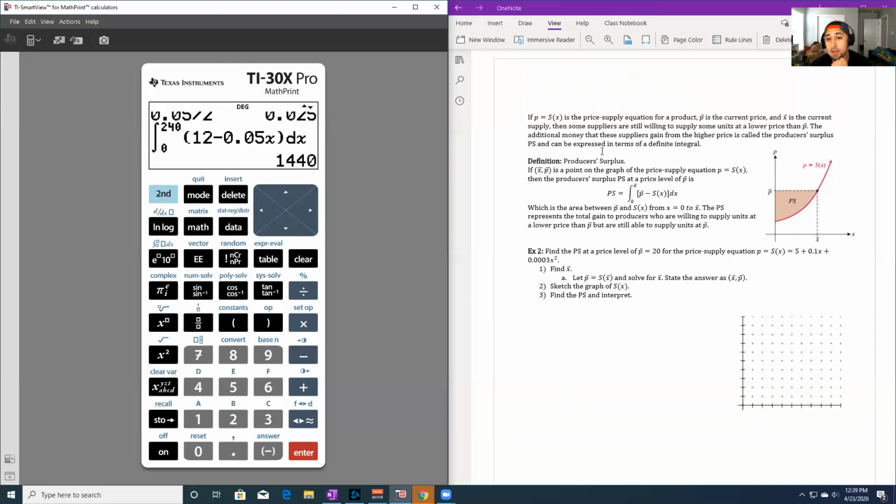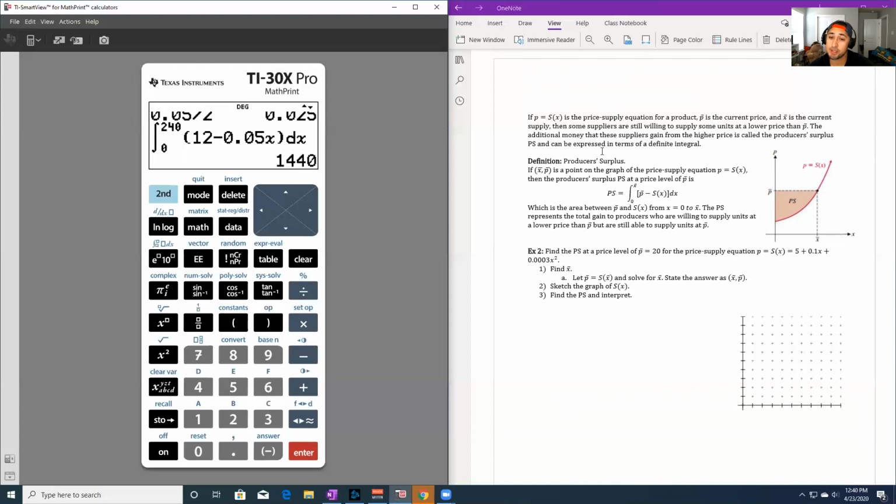Okay, so producer surplus, if X bar, P bar is a point on the graph of the price supply equation, P equals S of X, then the producer surplus, PS, at a price level of P bar is given as producer surplus equals the integral from 0 to X bar of P bar minus S of X dx, which is the area between P bar and S of X from 0 to X bar.